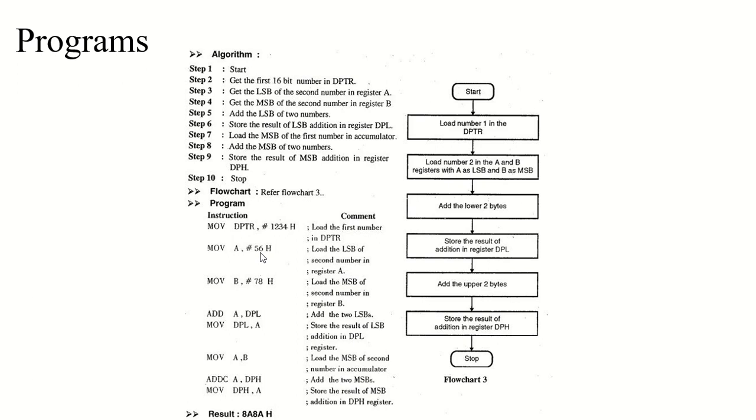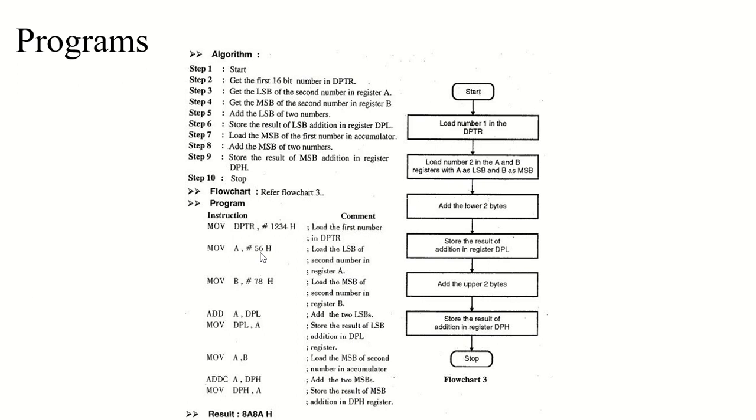Now what do we have to do? See the algorithm or the flowchart. We have to add the lower two bytes. If you remember, when we discussed the data pointer in detail, the data pointer is a 16-bit register, so the first two digits, the MSB, will be stored where?